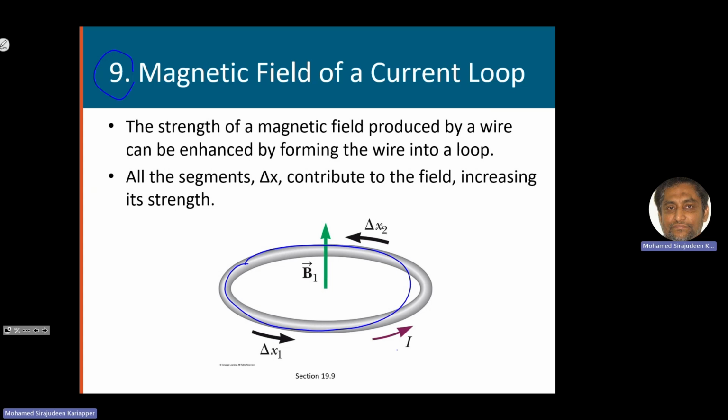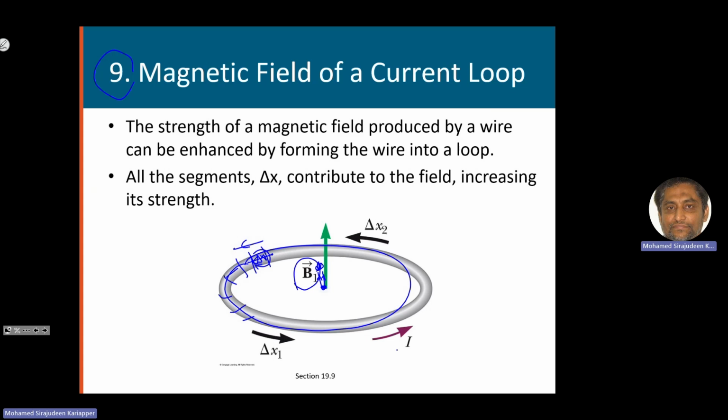If you take a small portion here, delta x, because of the current flowing this way, at the center of that circle we have a small dB, and another one from another segment. Each segment contributes upward at the center and increases the strength, and you will have a final magnetic field, say B1.